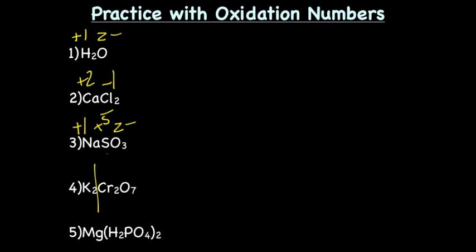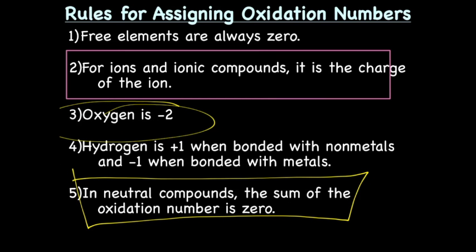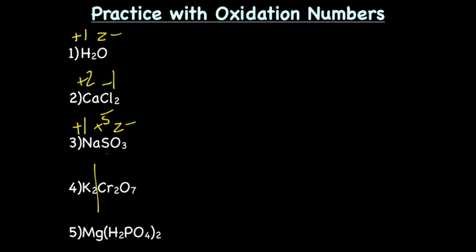We can use the rule that for ions and ionic compounds, it is the charge of the ion. For potassium, we know that it has a 1 plus charge, so the oxidation number is plus 1. We also know that all oxygens are 2 minus. There's no rule for chromium, so we're going to have to figure out chromium.